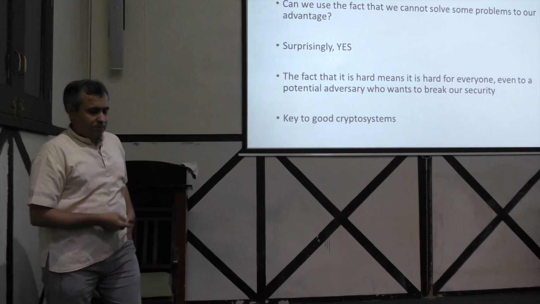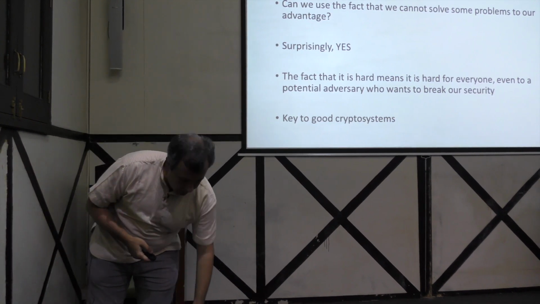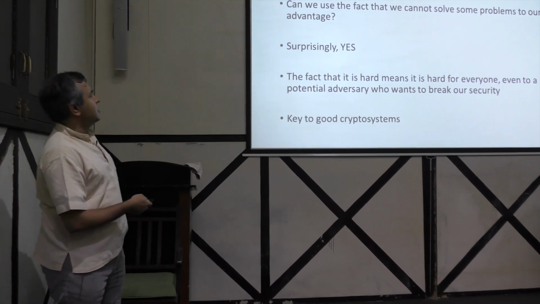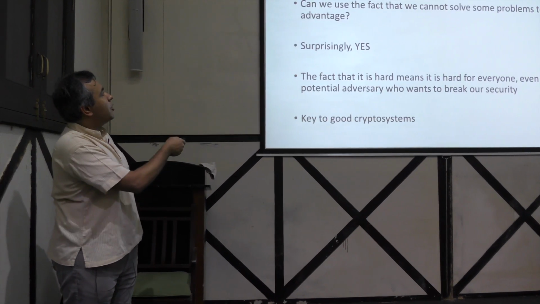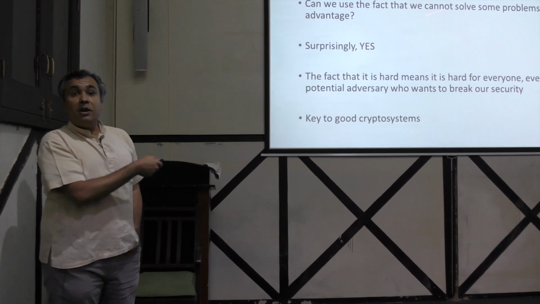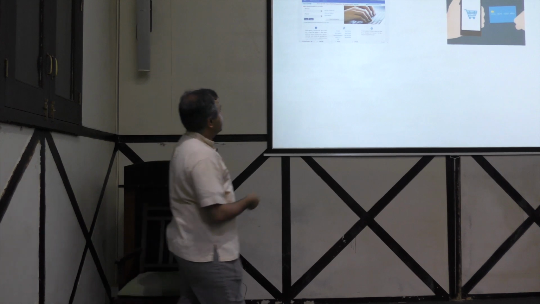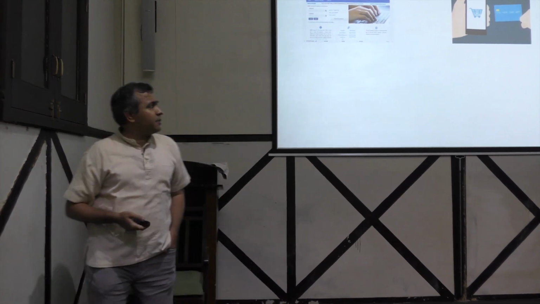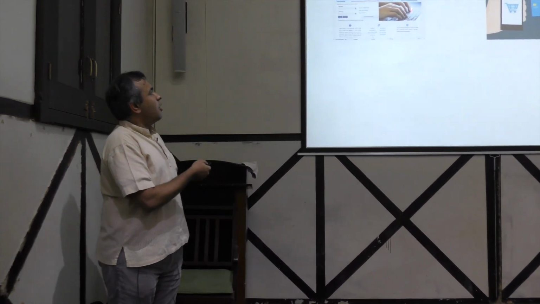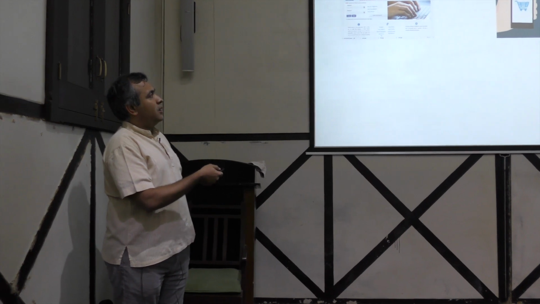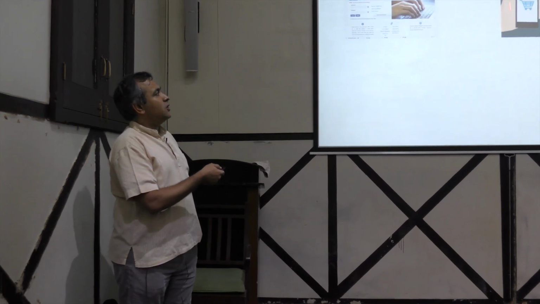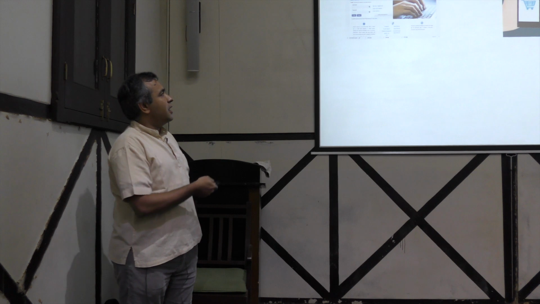Let's spend about 5 minutes trying to understand how we are going to use this hardness in a positive sense. This is something we are very familiar with. We log on to our bank websites. Very frequently, when we buy things on the net or on our phones, we enter our credit card details.